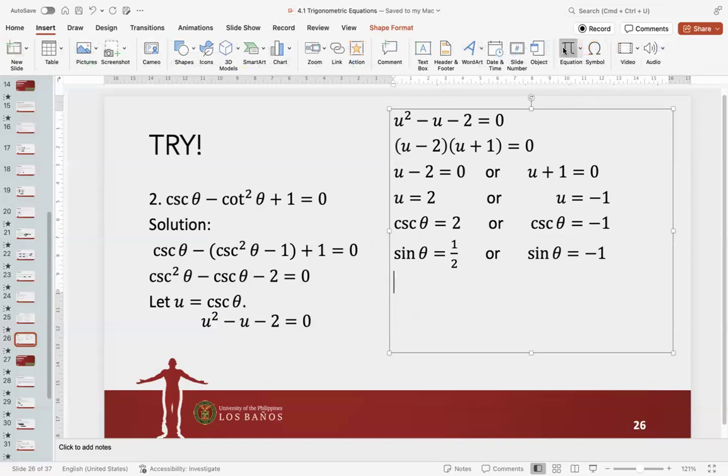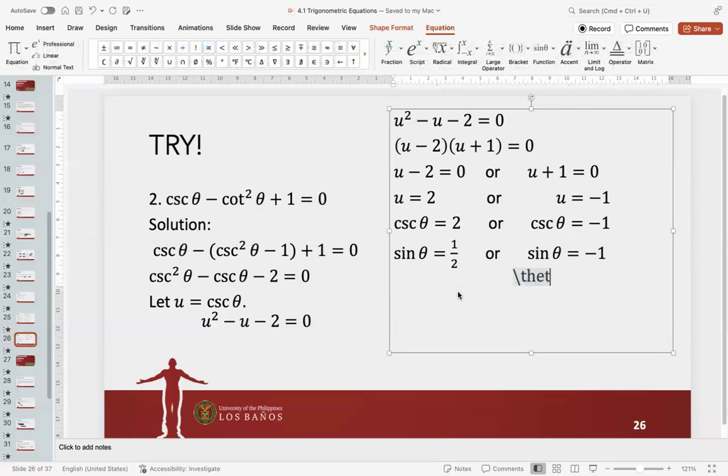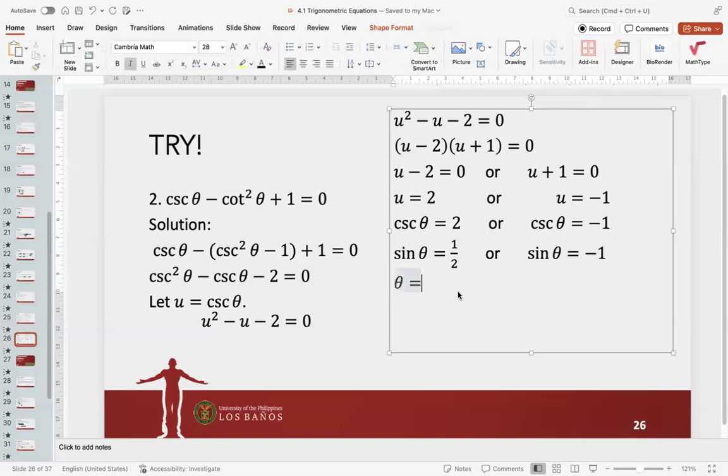So for the first one, when is sine equal to 1/2? So again, it's positive, so that means our answer must be in the first quadrant or in the second quadrant. In the first quadrant, we know that our answer is pi over 6.